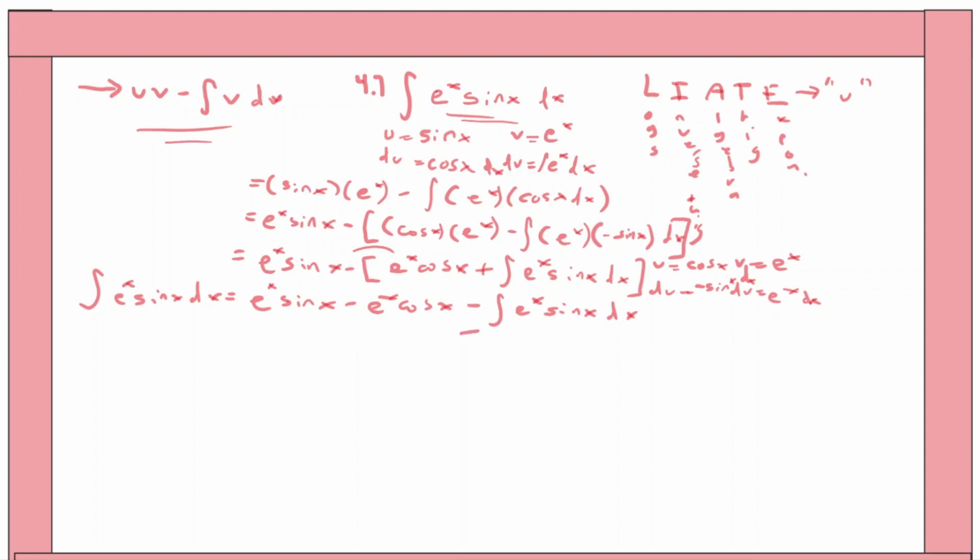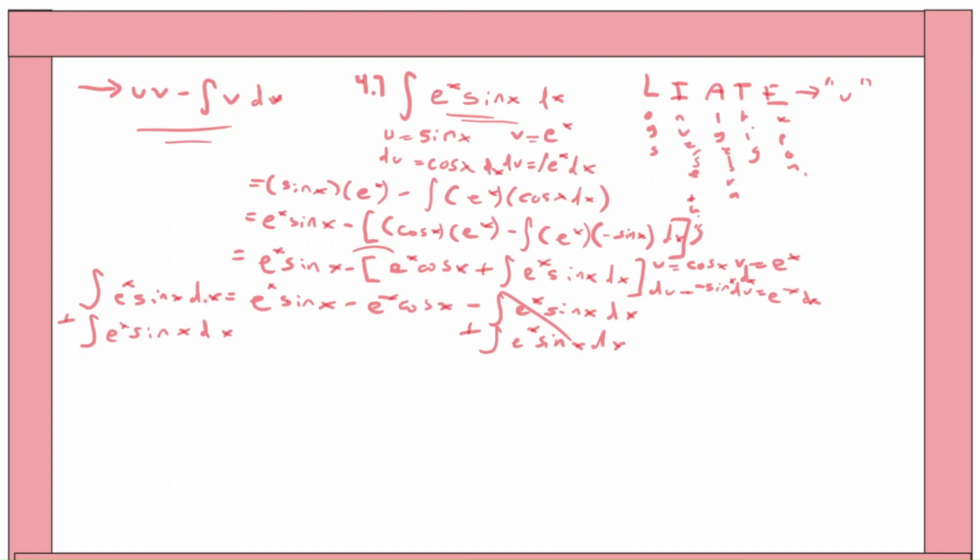So we're going to add the integral e to the x sine of x dx, and that cancels it, just like normal algebra. And we add it to this side too, because if we add this, we have to add it to this side as well. We're doing the same thing to both sides of this equation. So this one cancels.